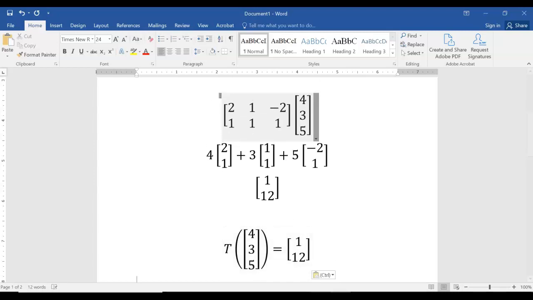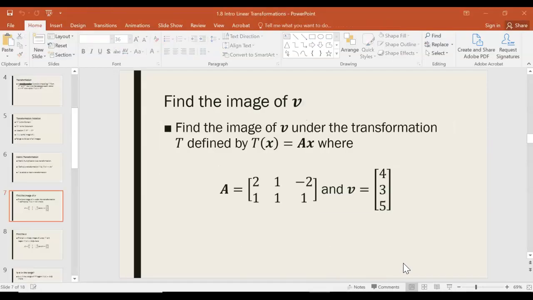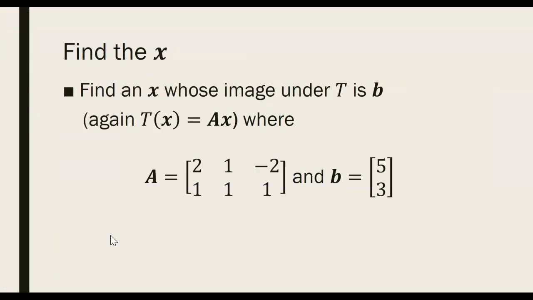In this next question, we're going to do the reverse.